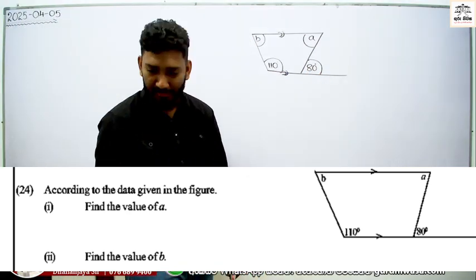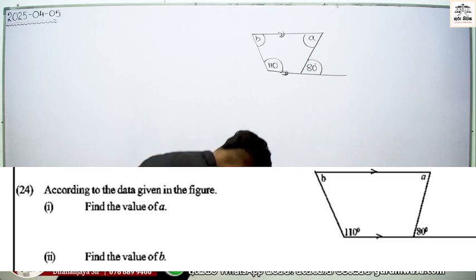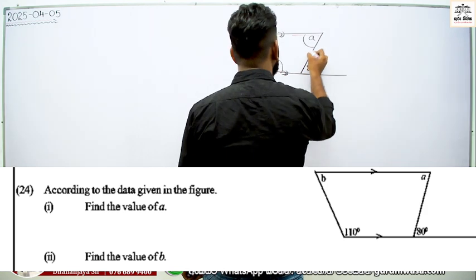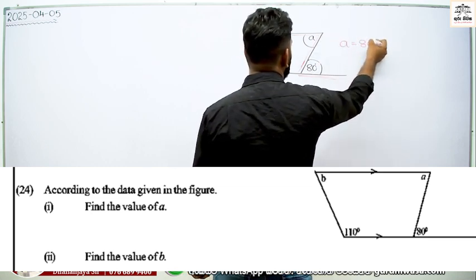Using the knowledge about the parallel lines, therefore A should be equal to 80, alternate angles.